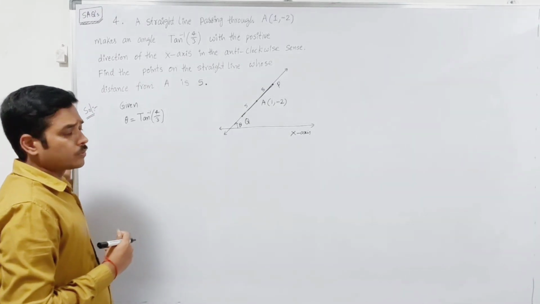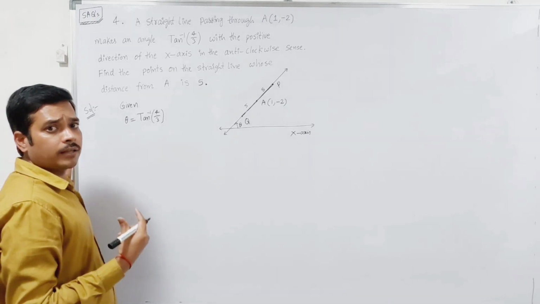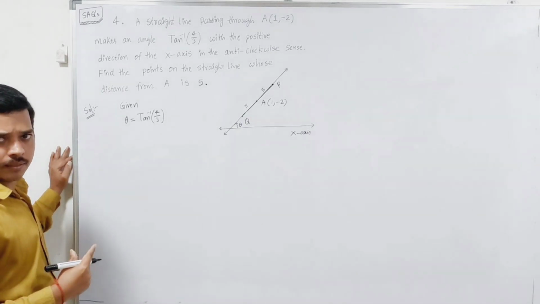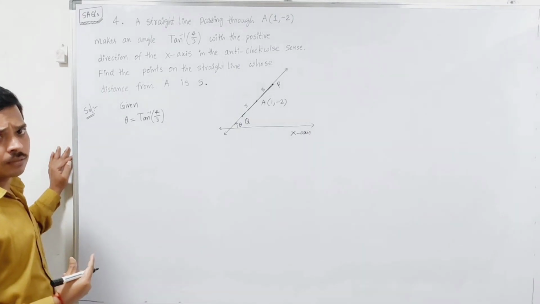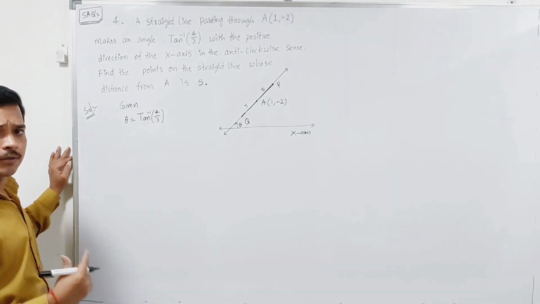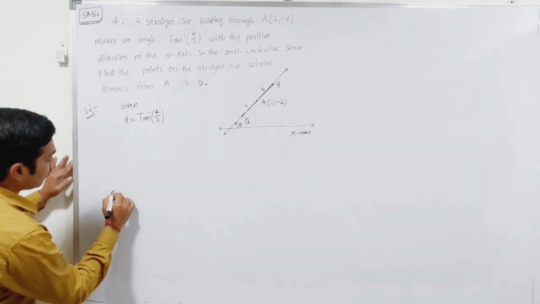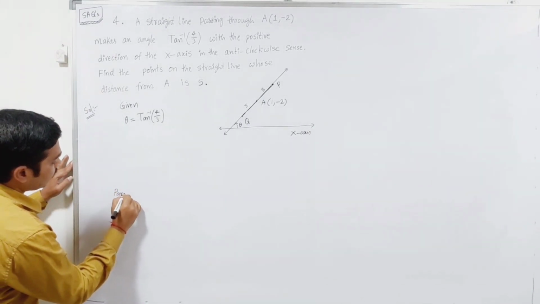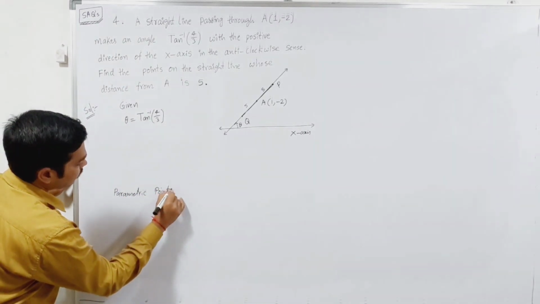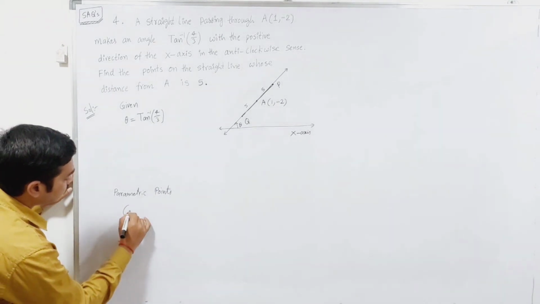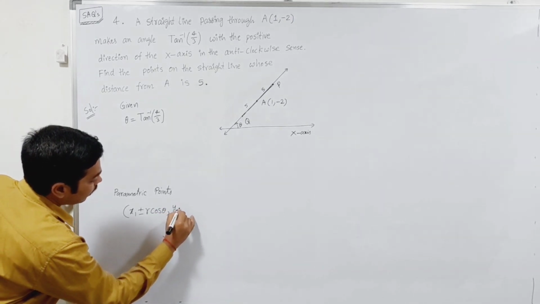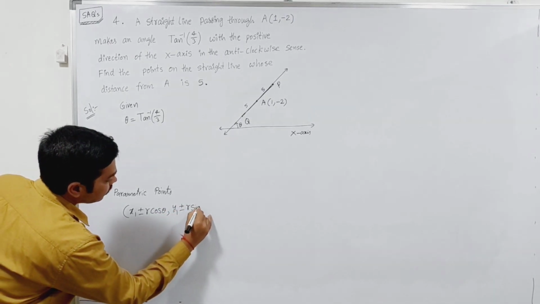We know one concept. On a line, each and every point is of the form x1 plus or minus r cos theta, comma y1 plus or minus r sin theta.